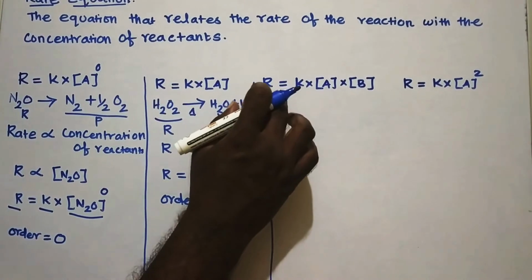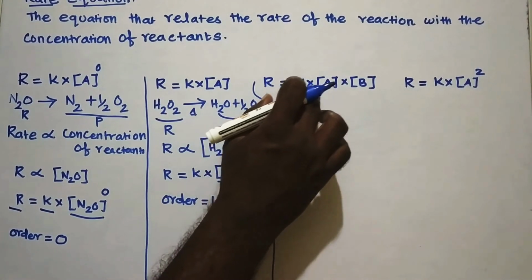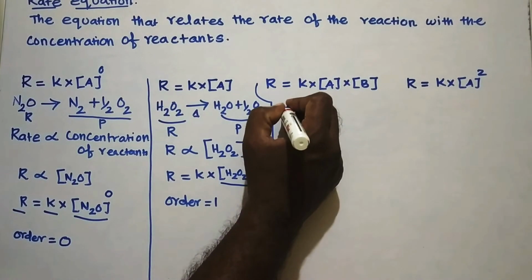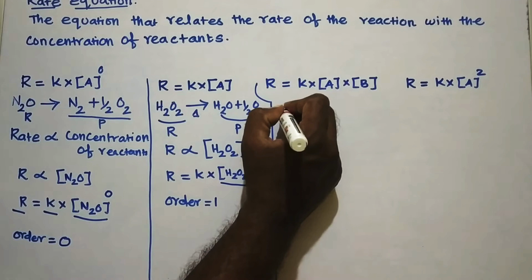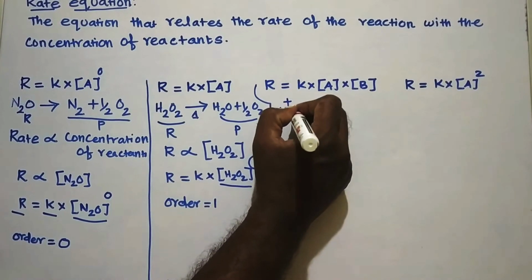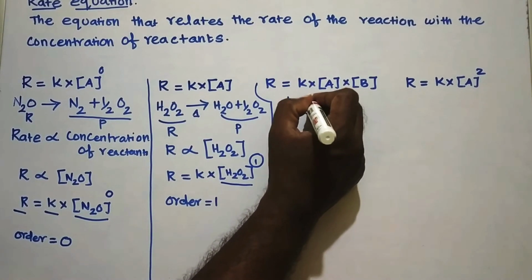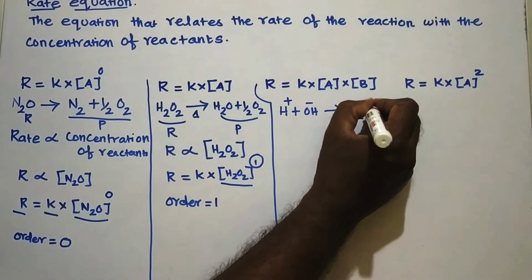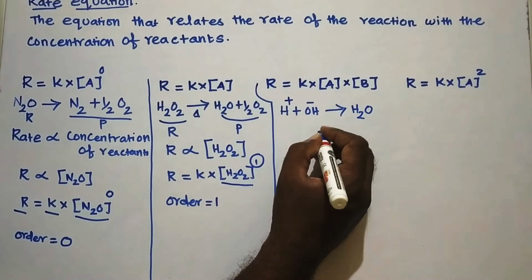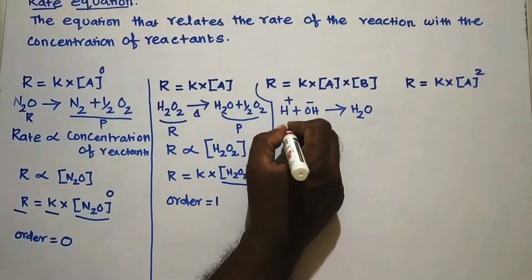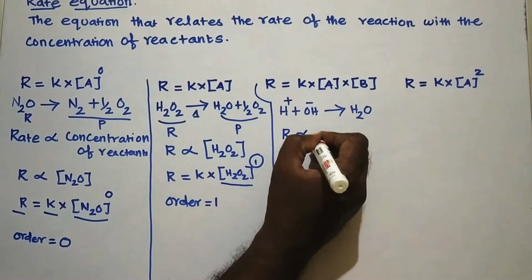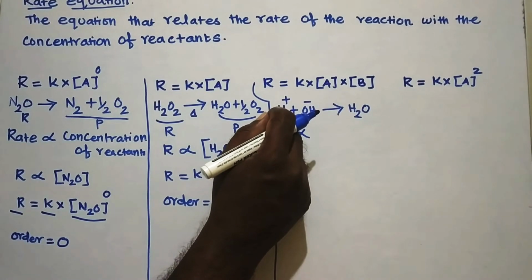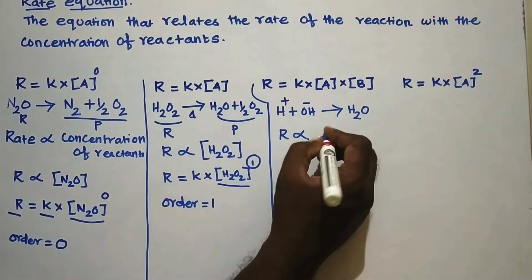Now let us consider R is equal to K into concentration of A into concentration of B. Let us consider a neutralization reaction in which H plus ion reacts with hydroxide ion to form the neutral water molecule. It is well known that the rate of the reaction is directly proportional to the concentrations of H plus ion and OH minus ion.